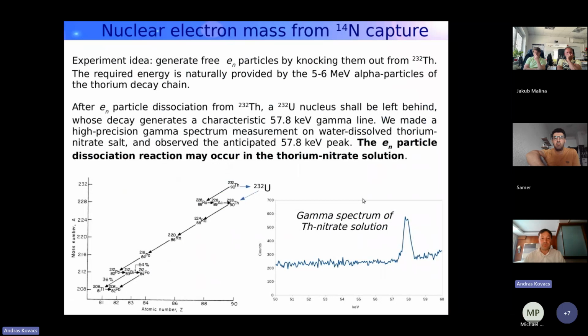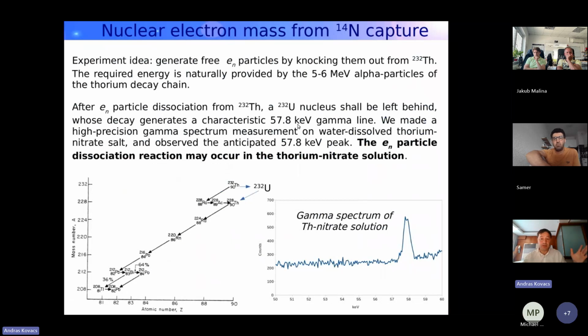Now, the third experiment, this one I did with the help of a thorium solution. My idea was that if you have a thorium solution, then you have very high energy alpha particles, 5-6 MeV, in the solution flying about, and these high energy alpha particles could knock out nuclear electrons from the thorium core.